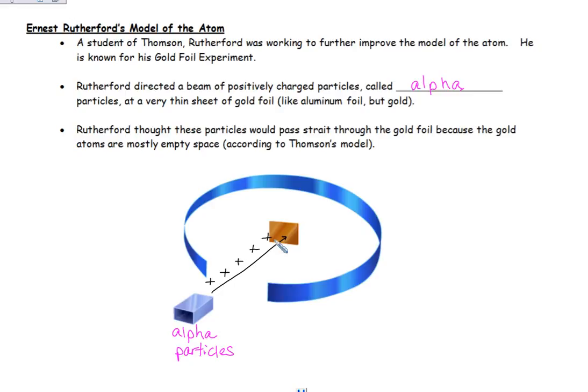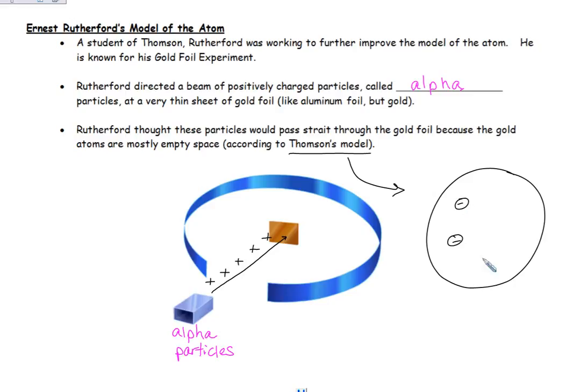Okay, so Thomson's model. Thomson's model kind of ended like this. We've got these little negative electrons scattered throughout our atom. And then the rest of the material is just some positive, I don't know, component to the atom.